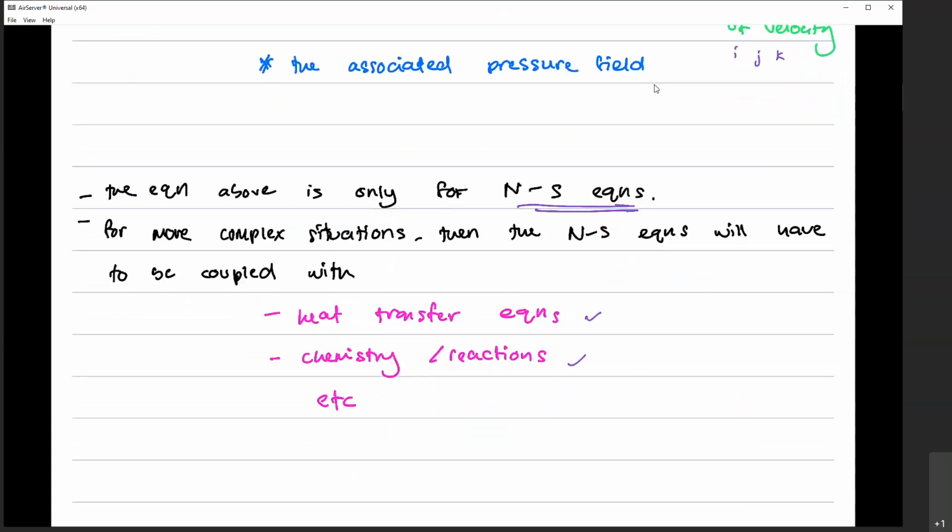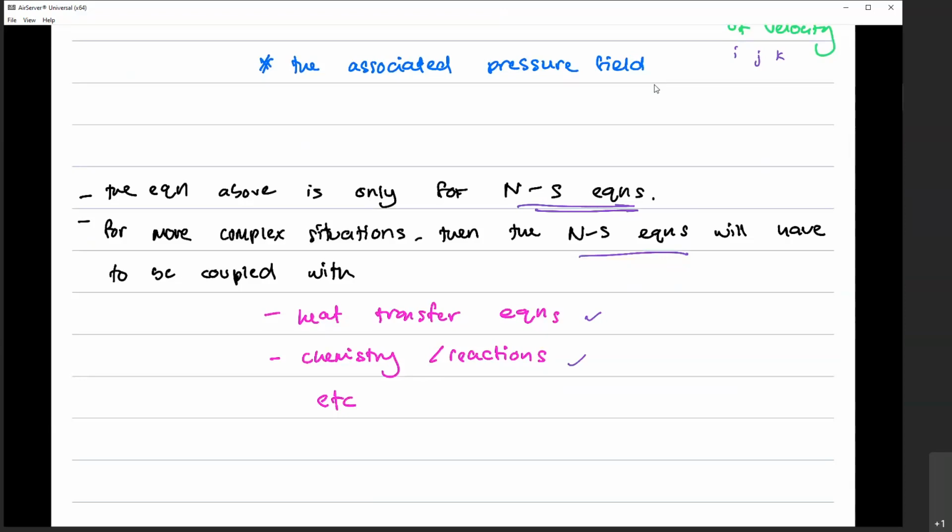So we can use the Navier-Stokes equations along with other related equations to solve a more complex problem. Just remember, the one that we looked at just now is just for the Navier-Stokes equations. Navier-Stokes is basically for fluid. So anything related to fluid problems, we can use the Navier-Stokes.